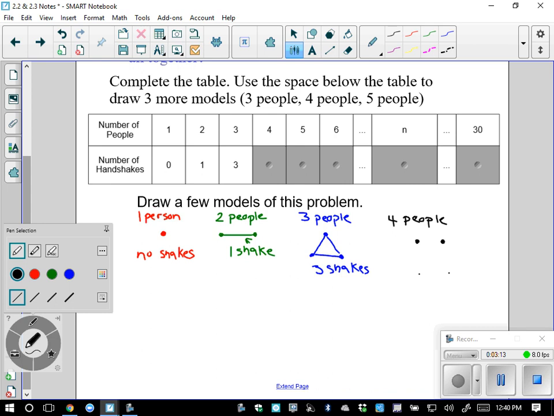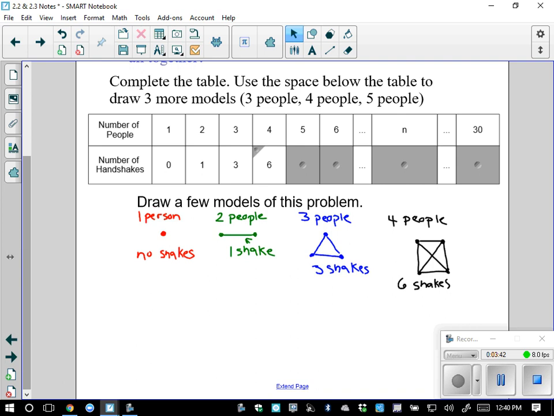Like for 5 people, it'd be like a pentagon. So if there's 4 people, there'd be these shakes, like that first person shakes with all 3 people, and the next person just shakes with those 2 people, and the last person shakes with that person. So there's 6 shakes here. And that's what goes under there.